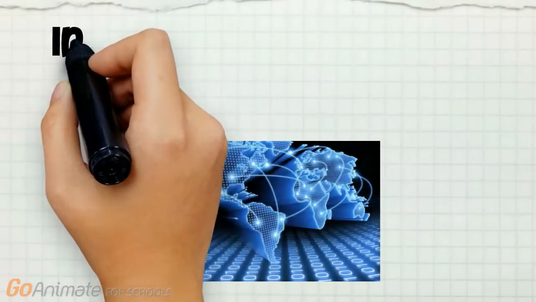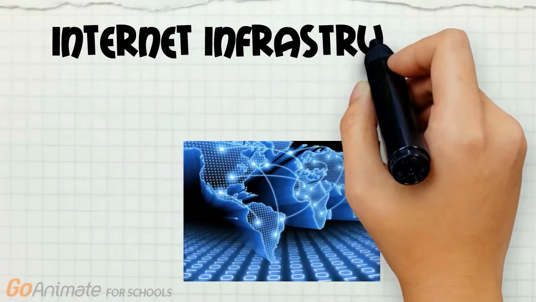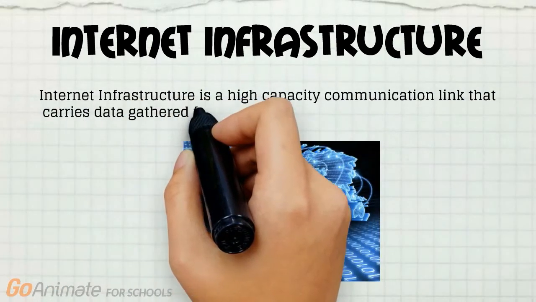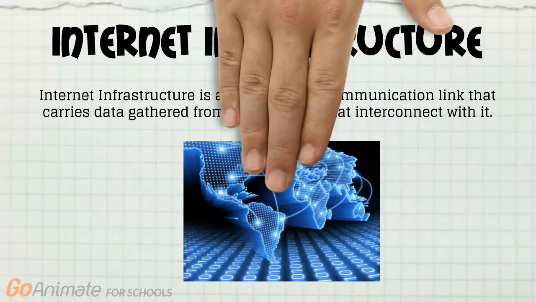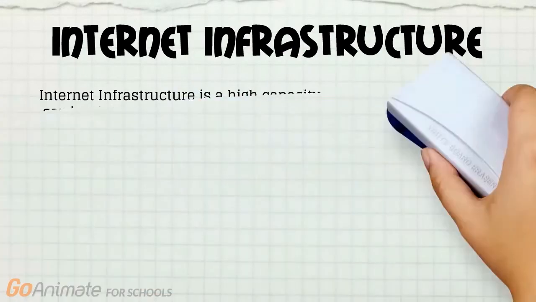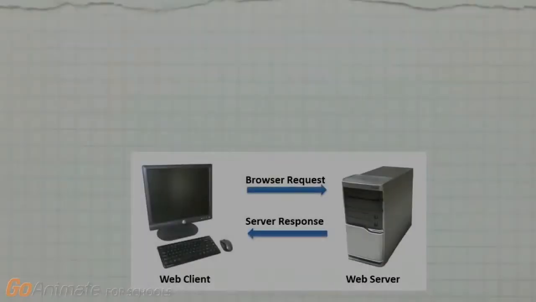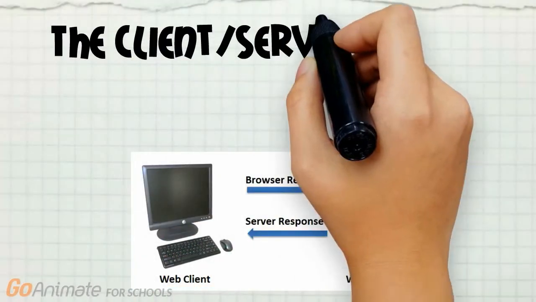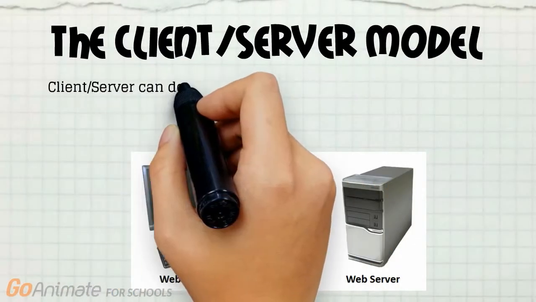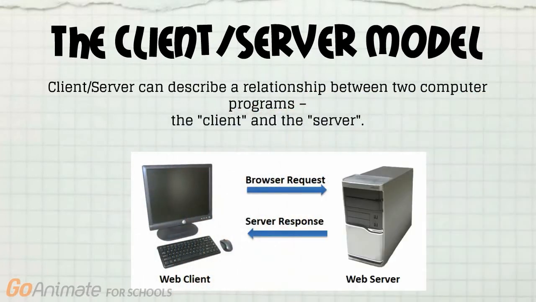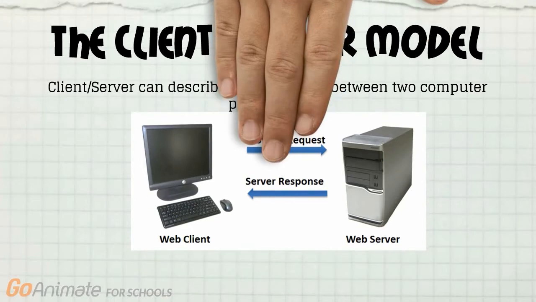Internet infrastructure is a high-capacity communication link that carries data gathered from smaller links that interconnect with it. Client-server can describe a relationship between two computer programs, the client and the server. For the Internet, the client is the web browser and the server is the web server.